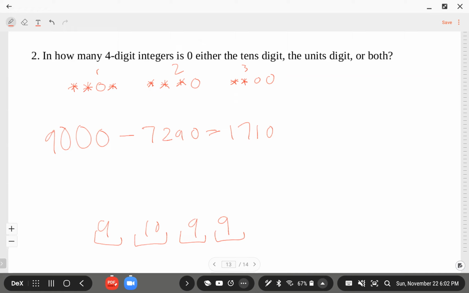All the four-digit numbers where the last two digits, the tens digit and the units digit, have no zero. They're going to be 9 because we were supposed to have 10 possibilities, but we don't want that 0, so we remove it from the list and get 9. Then we subtract these unwanted outcomes to get the wanted outcomes. So this is our answer, 1,710.